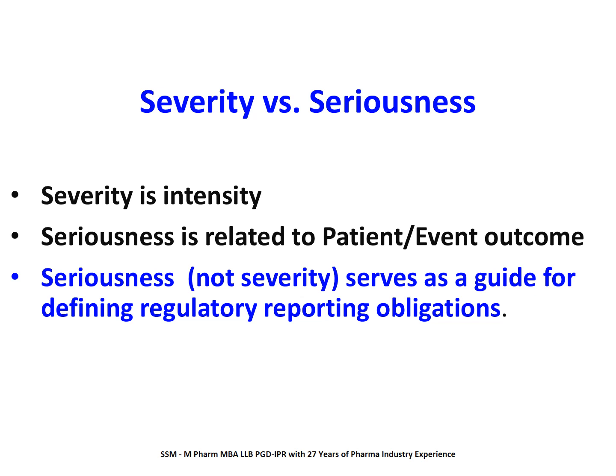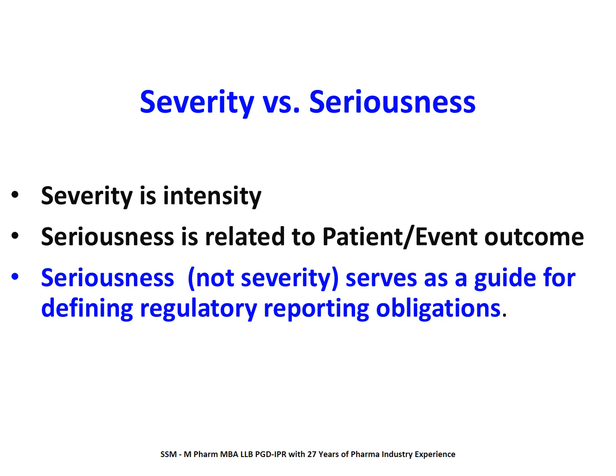So these are all serious adverse reactions. For reporting purposes to the regulatory authority, seriousness, not severity, serves as a guide. So any serious adverse event is to be reported to the regulatory authority for expedited reporting, not severe. Severe is different from serious.